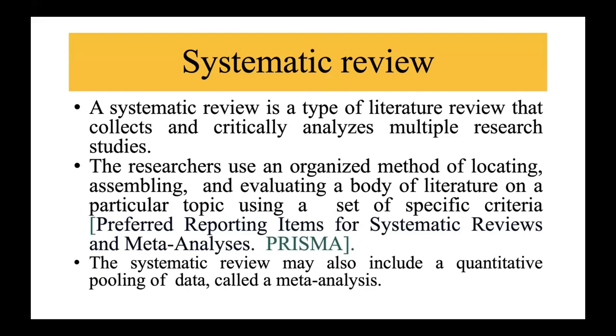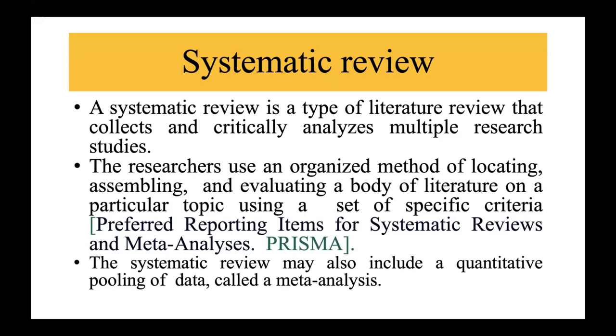A systematic review is a type of literature review. There are so many reviews. Systematic review and literature review are two different things. A literature review is only to give the idea about your study, while the systematic review gives you the quantification, the quantitative analysis of the different studies.